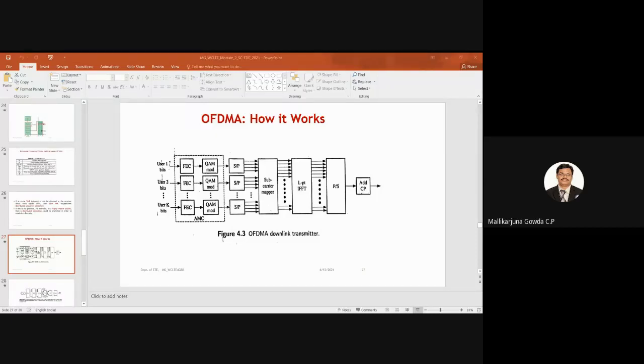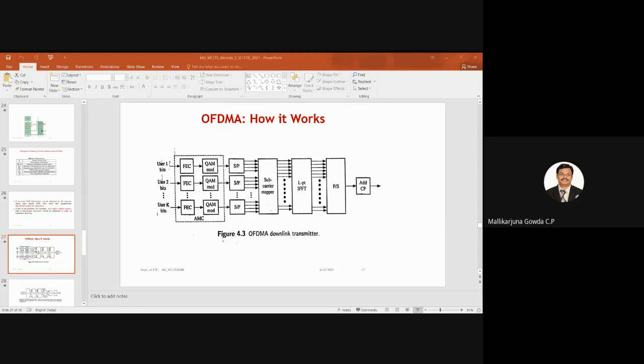The output of that will be passed to a serial to parallel converter. Before that, this much is done. You might have noticed that while explaining at different stages I said that a high data rate is the input.